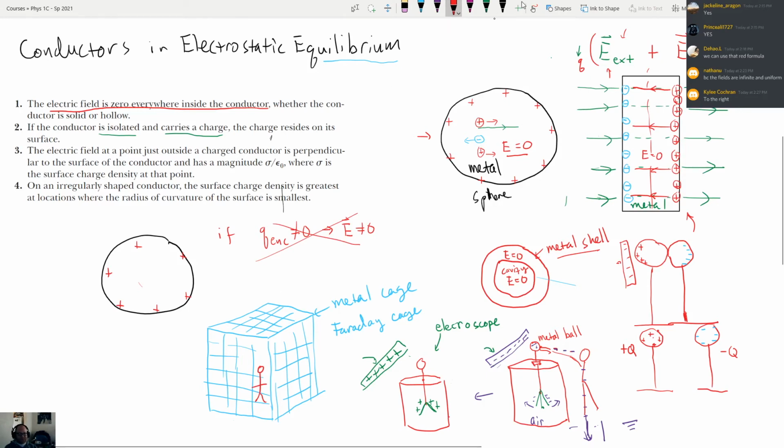You can extend that to the extreme, which would be like, suppose that lightning struck the cage. Lightning is a massive flow of charges, right? What ends up happening is that lightning basically just goes all along the edges and straight into the ground, almost following the path of least resistance in a way, because electricity flows really well through metals.